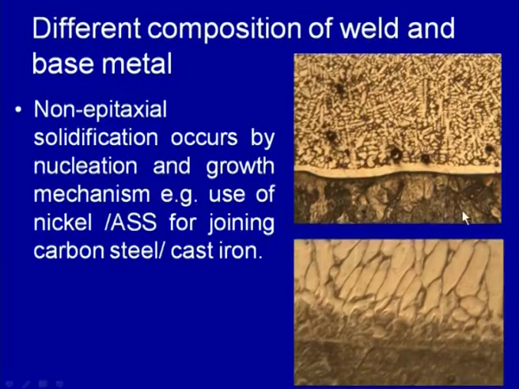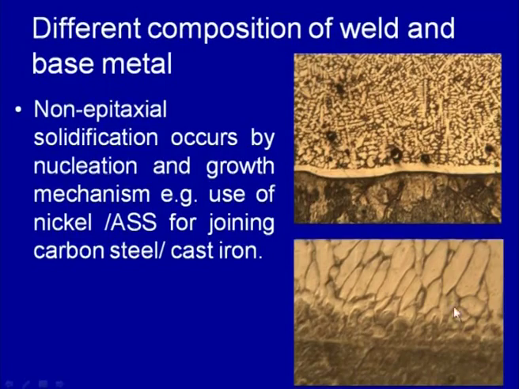In one situation, where the composition of the weld metal and the base metal are completely different, first the nucleation will take place through some sort of planar solidification, and thereafter the growth will occur.